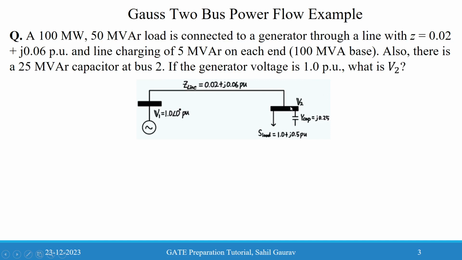So we have to find the voltage at bus 2 using the Gauss iteration method, but before that we also need to find the bus admittance matrix. So let us first draw the equivalent circuit diagram of this given two bus system.